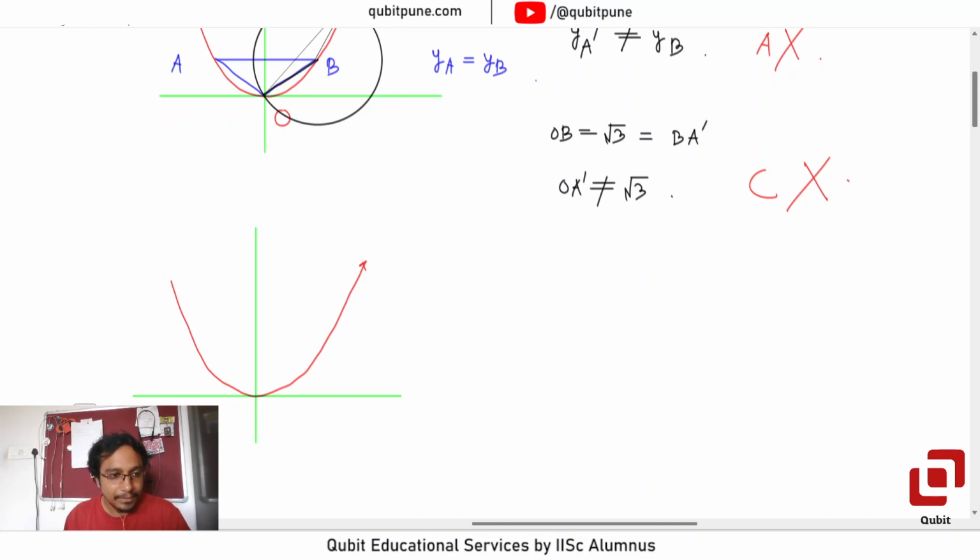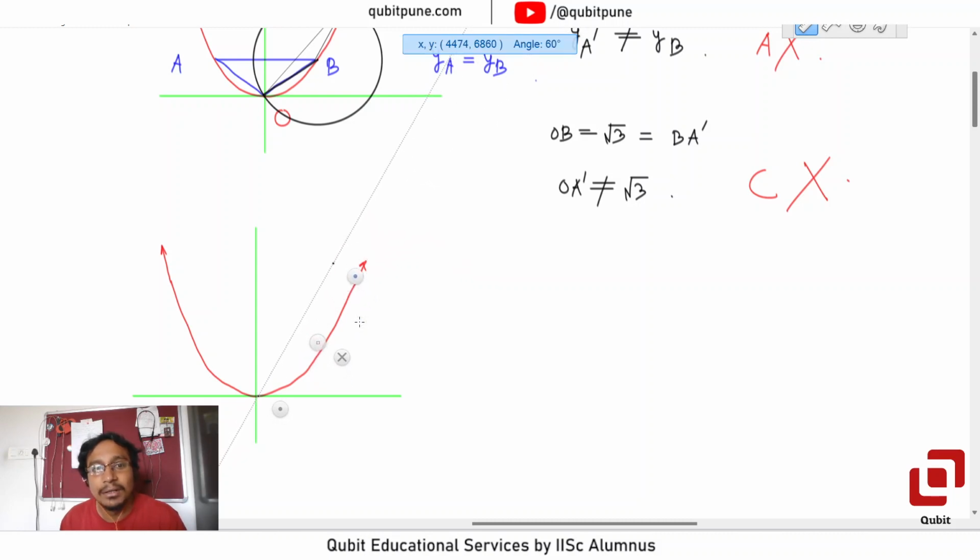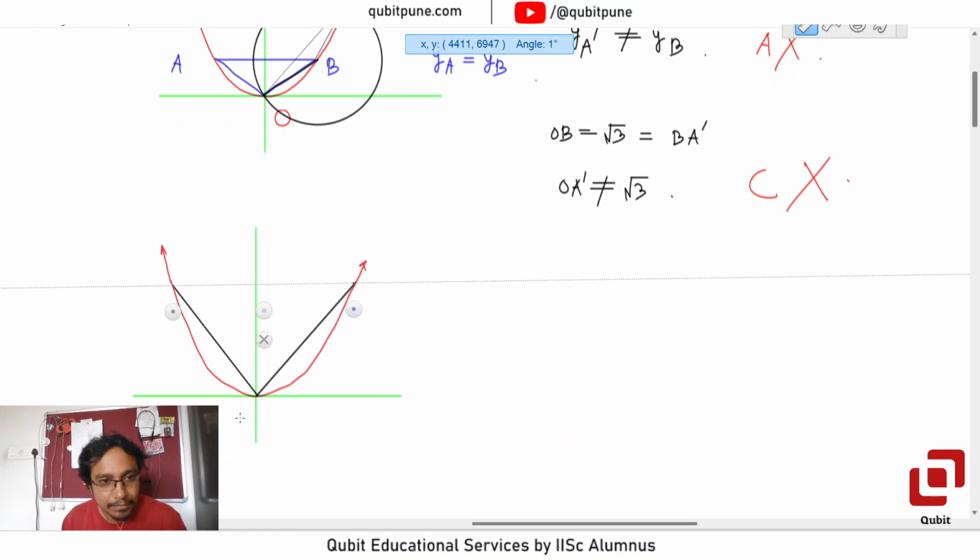ठीक है? So now to make it look isosceles, or sorry, equilateral, see, now this angle should be 60. Look at the center of the screen, top center. Okay, it should be 60, but now let me take it here. We'll assume that it is the equilateral triangle. ठीक है?